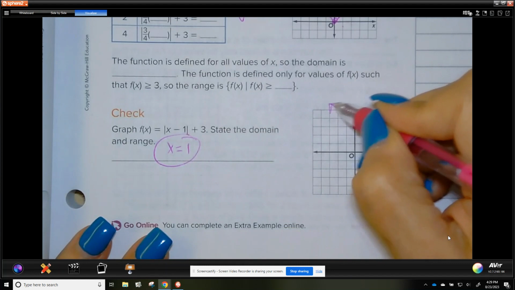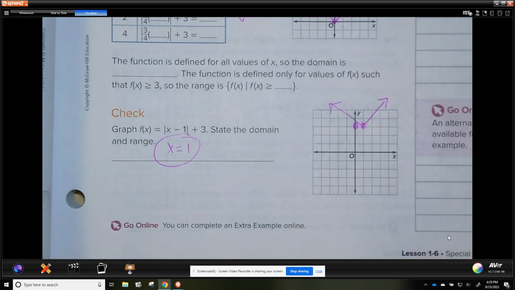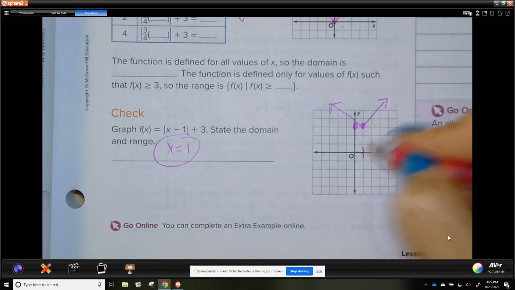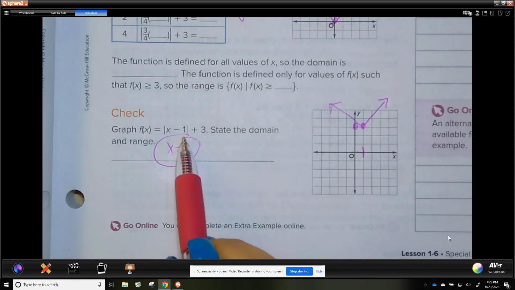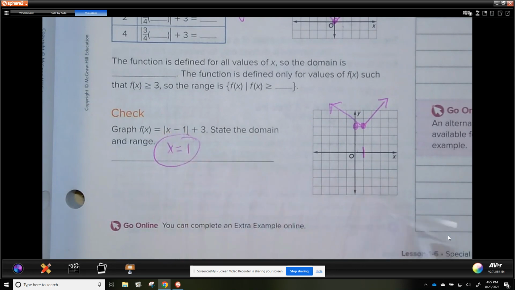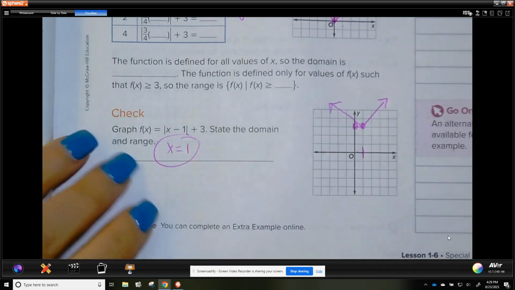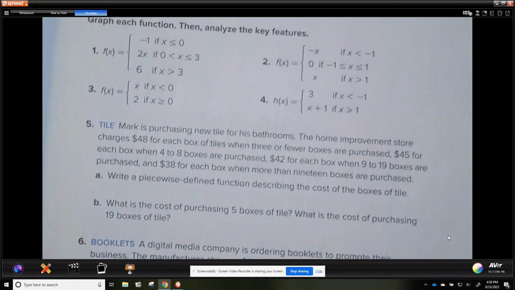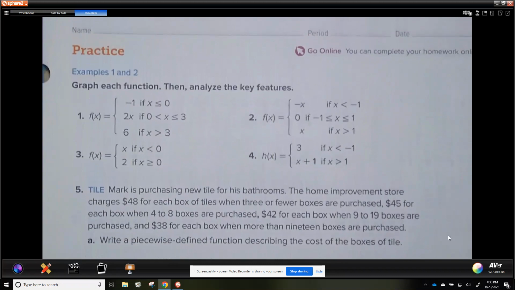And then it didn't shrink or stretch because there are no numbers multiplying by it, but it moved up 3 and to the right 1. I know it's a little tricky because it says -1, but when it's inside a symbol, it's opposite. It's what makes this a 0. So 1 would make that a 0, so it's to the right. But we'll do more of those in 1.7. We're going to have even an extra worksheet in 1.7 to practice transformations.